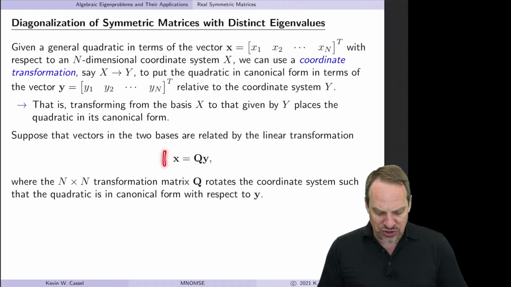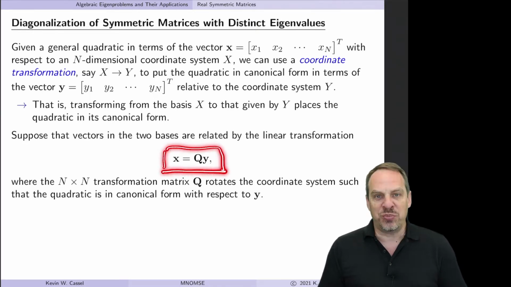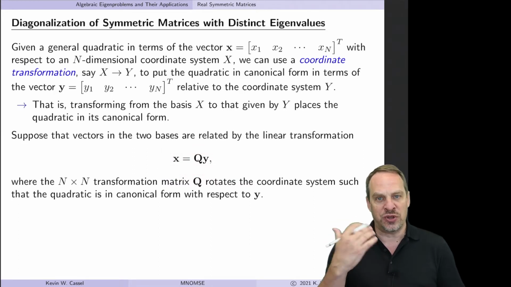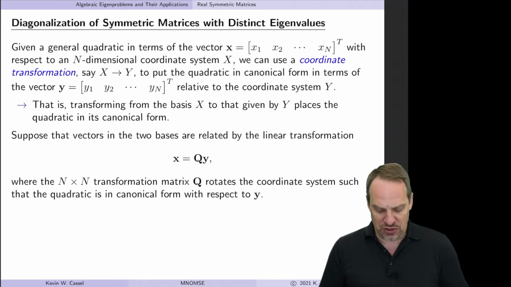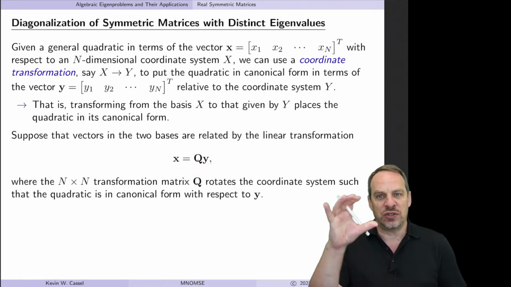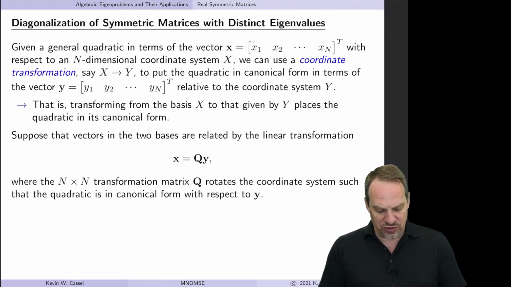We can imagine that that is accomplished through some transformation matrix. We'll call it Q. I don't know what Q is yet. We'll talk about what that is, and based on the notation you might be able to guess. But there's some Q such that x equals Q times y is going to accomplish that rotation in order to put the quadratic in its standard form.